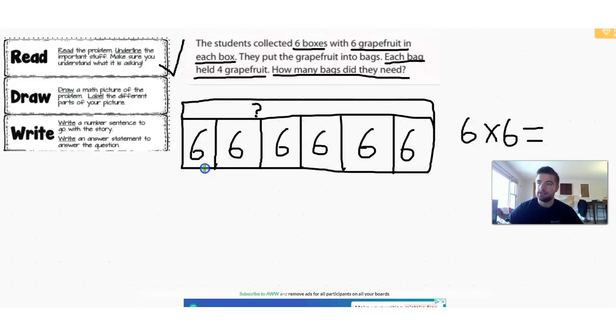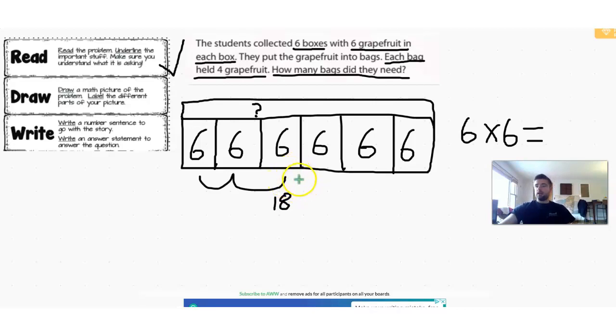So one thing I like to do is practice counting by 6s for multiplication. So I'm going to go 6 plus 6 is 12, plus another 6 is 18. So we have 18 grapefruits so far. I'm going to make a little note of that there.